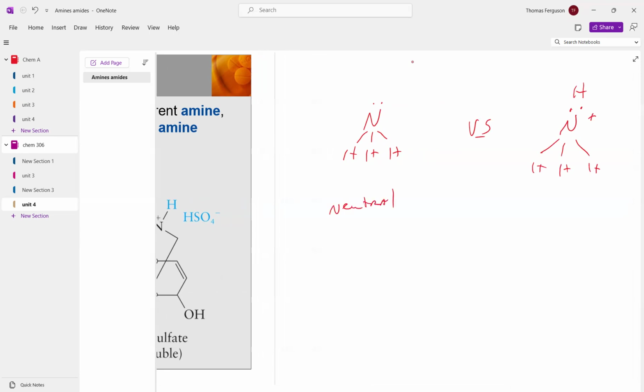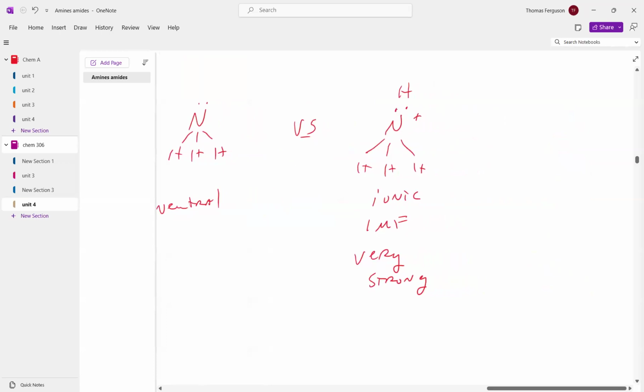Okay. The ammonium ion is ionic. That's the highest form of intermolecular force. So if we look at, again, the intermolecular force table, we go ionic, H bonding, dipole-dipole, LDF.